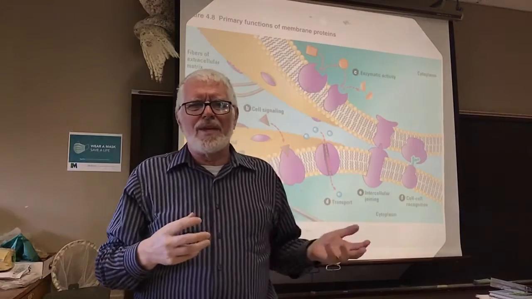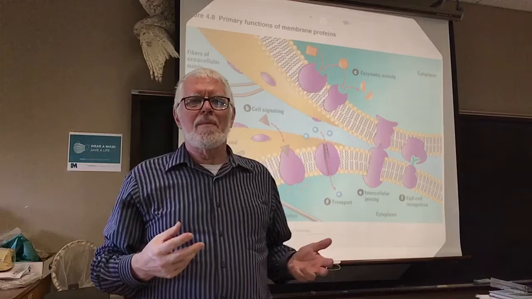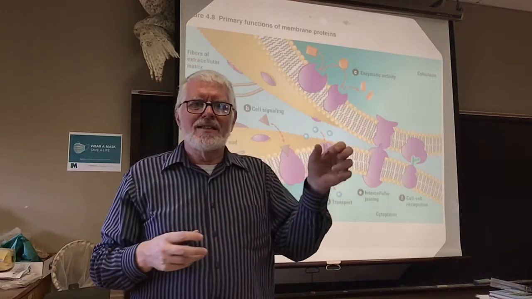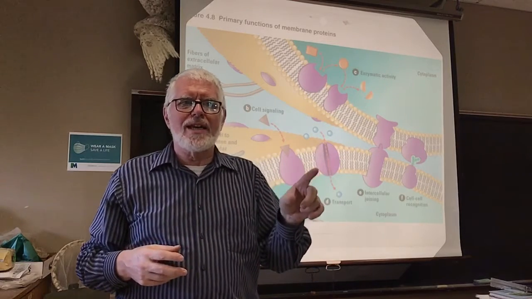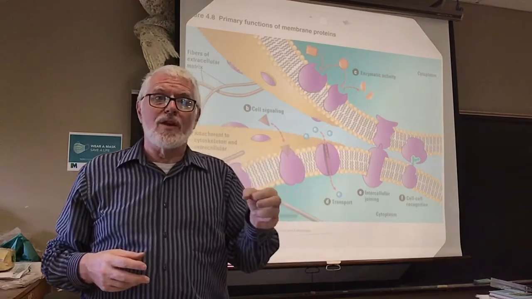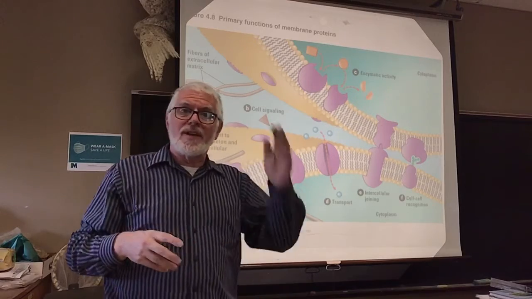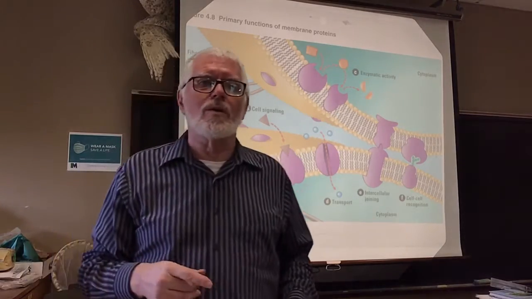Sometimes you don't want to be that controlling. You just would like to have holes. And some of these proteins are like stretched out donuts. They actually do have a little hole in the middle that doesn't have any membrane in it. And so stuff can just go through the holes.